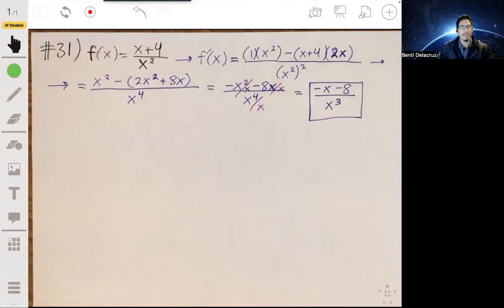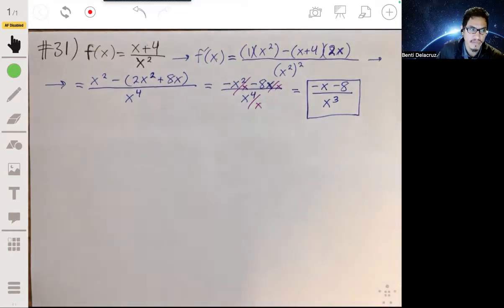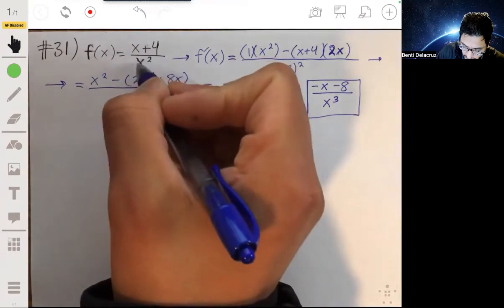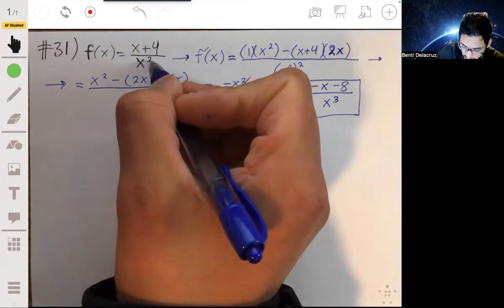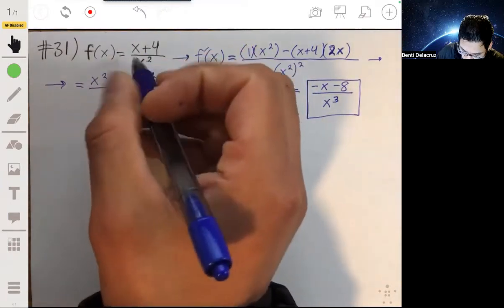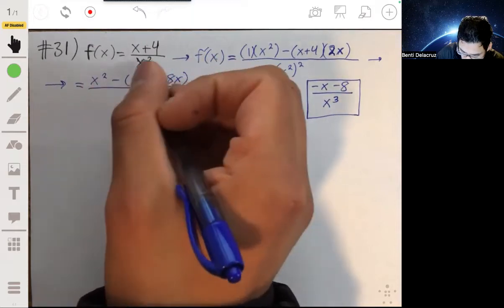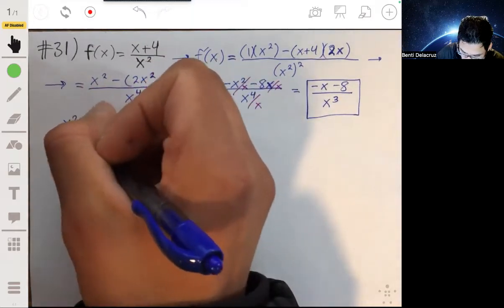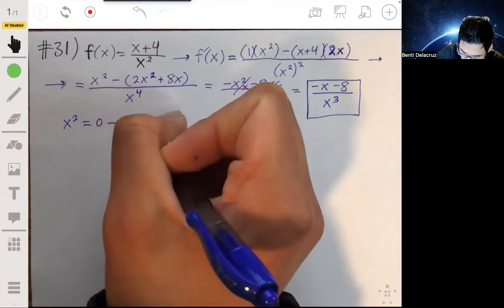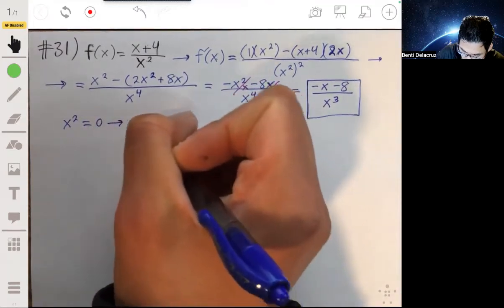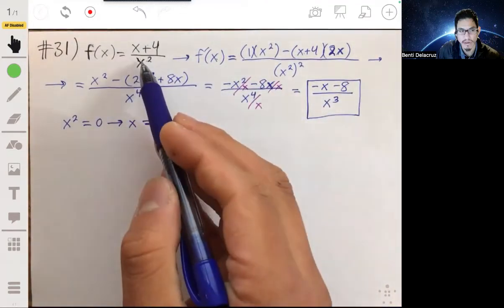Okay, so now we look for where f prime and f of x are undefined. So f of x is undefined when x squared equals 0. Remember, the denominator equals 0, so x squared equals 0. That means it's undefined when x equals 0.